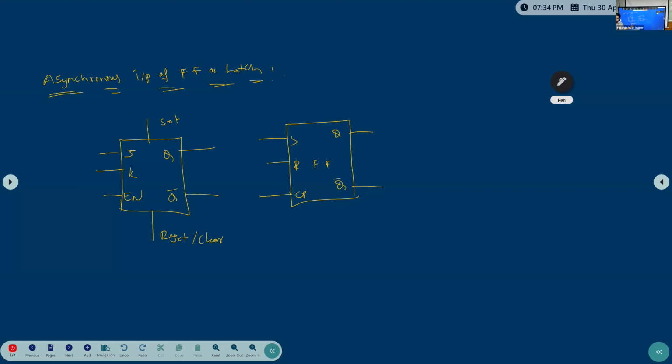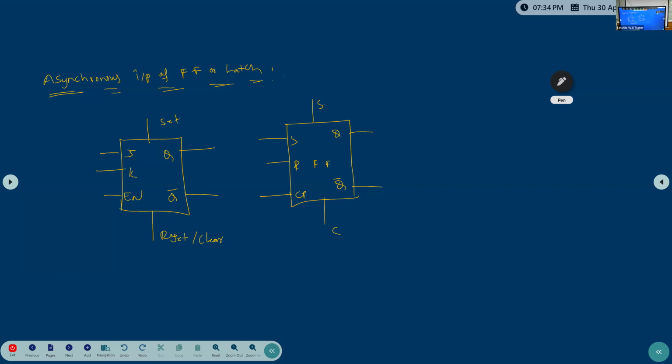This reset or clear is again of two types: positive reset and negative reset. This set and the reset or clear are called the asynchronous inputs of a flip-flop or latch. Set is S and clear is mentioned as C or R.